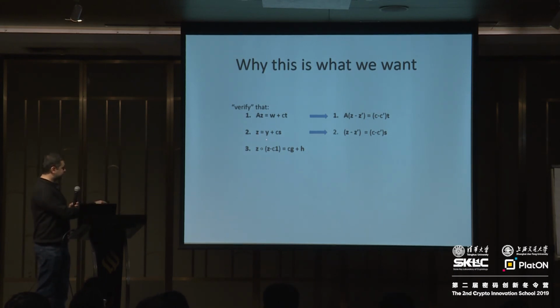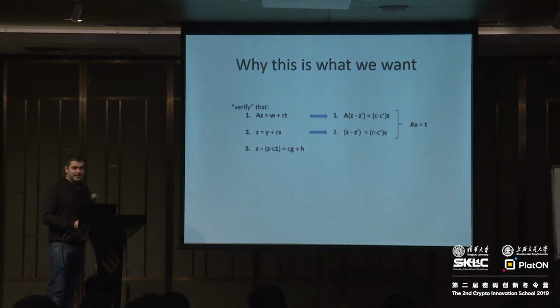Now if each Z really is Y plus CS and Z prime is Y plus C prime S, then Z minus Z prime equals C minus C prime times S. Okay? And now, if you're convinced of this, then you have AS equals 2, if C minus C prime is invertible, but it's a field, so everything's invertible. Right?